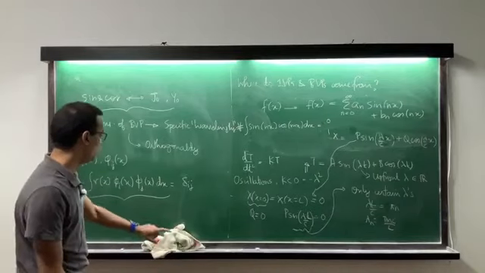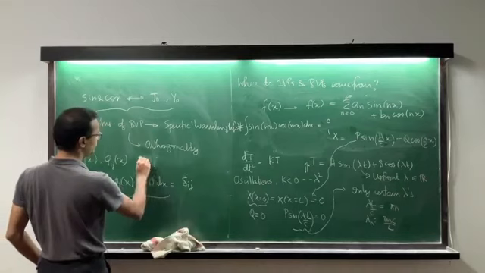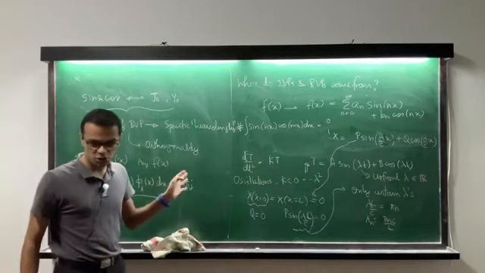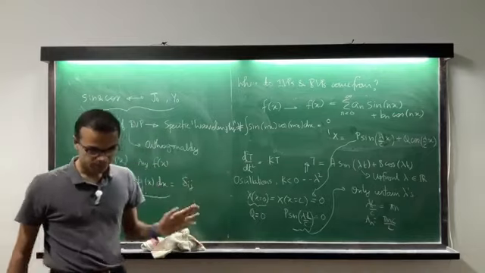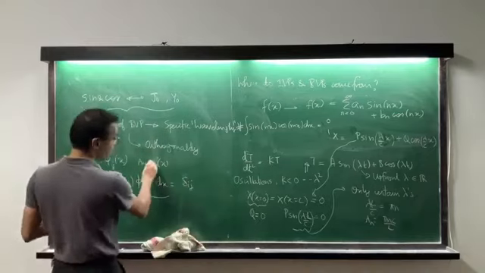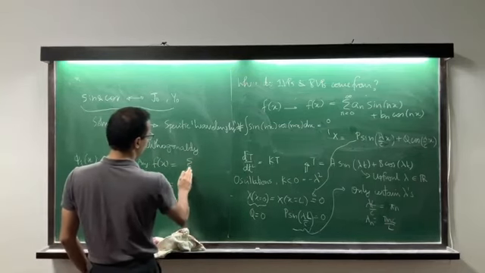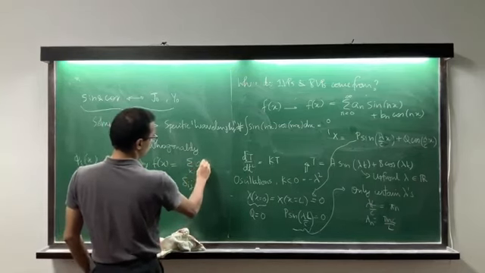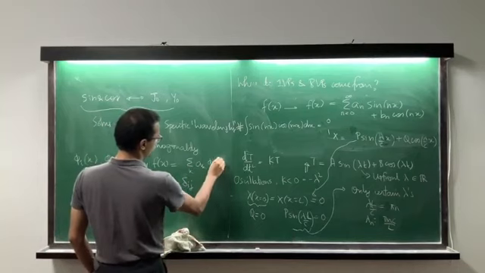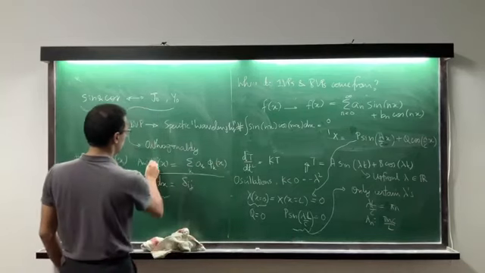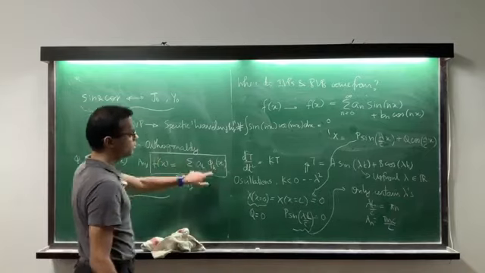And why is this useful again? This is useful because you can write any f of x. Remember, f of x doesn't have to be a solution of any differential equation at all. Okay, so you can take any f, a priori, of course, and expand it in these functions. Okay, this is the analog of this.